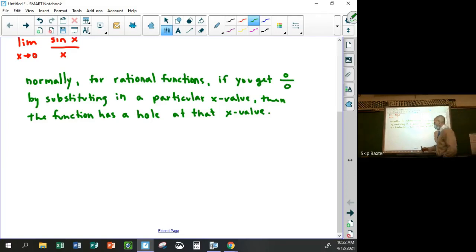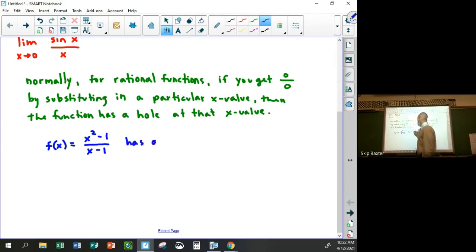So for example, remember f of x equals x squared minus 1 over x minus 1, right? This has a hole at x equals 1, because if you substitute in x equals 1, you get 0 on top and 0 on the bottom. To determine the actual y coordinate of that hole, you could just cancel the common factor.